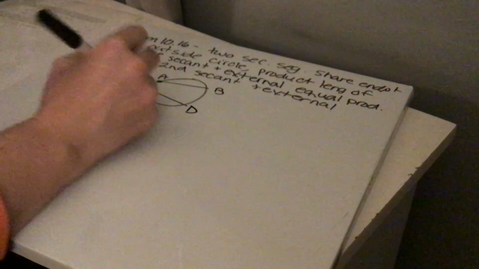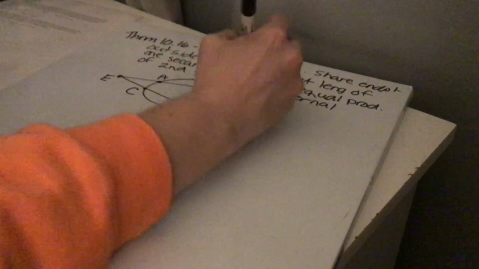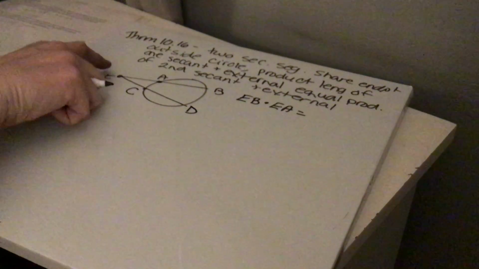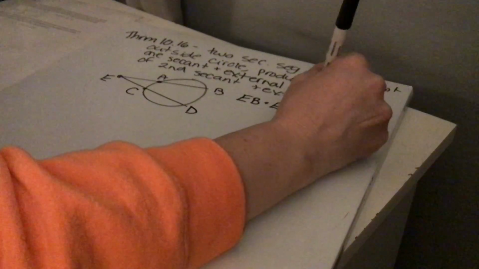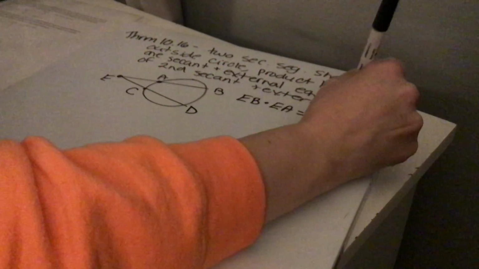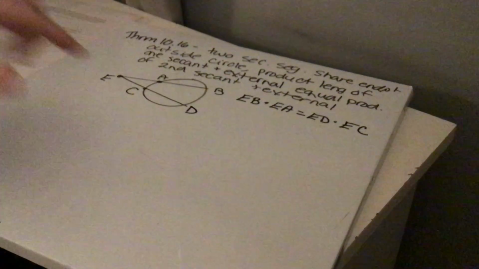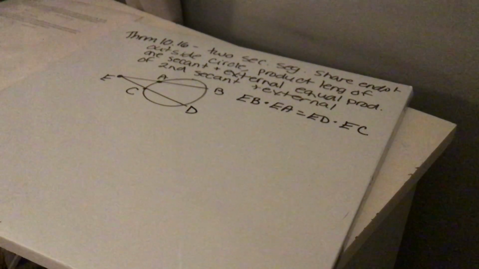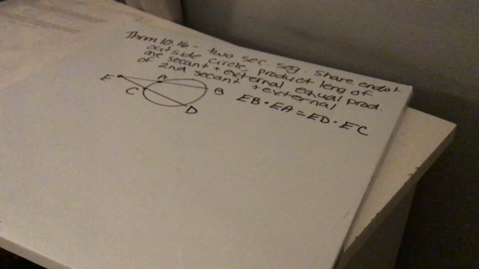And then the second points would be at point A here and point C here. So the entire secant EB times its external, which is EA, is going to equal the entire secant ED times its external, which is EC. Not just the part inside the circle. It has to be the entire secant, the length of the whole segment.